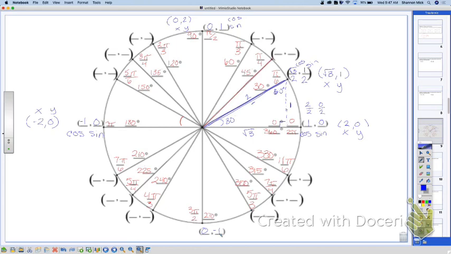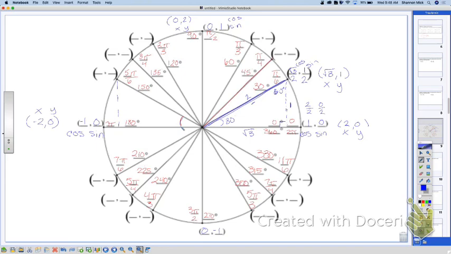Okay, so I said everything is about reference angles. They make our life a whole lot easier. So we did pi over 6, so we probably should go to 5 pi over 6, correct? Okay, so 5 pi over 6, we're going to make that triangle right here. Well, what do I still have? 30 degrees. I still have a 30, 60, 90 triangle, correct?